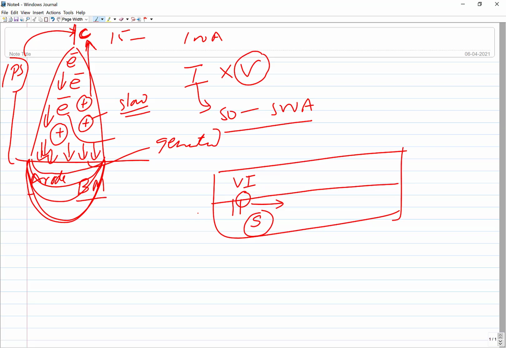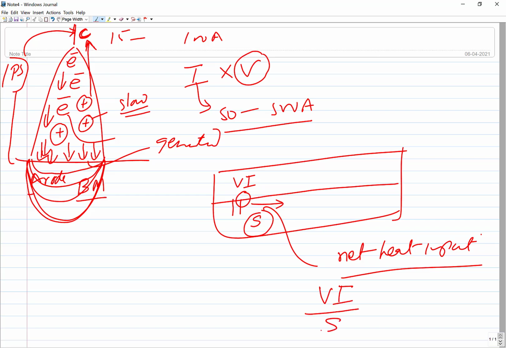That is what is quantified in terms of net heat input, the heat being supplied to a particular location of the base metal. For that purpose, we use the simple relation VI by S. This gives us the heat being delivered in kilojoule per mm.